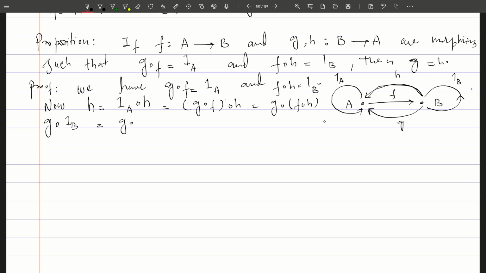Now with the help of this result, we can show that if F is an isomorphism, then its inverse is unique. Now let us recall what we mean by an isomorphism.